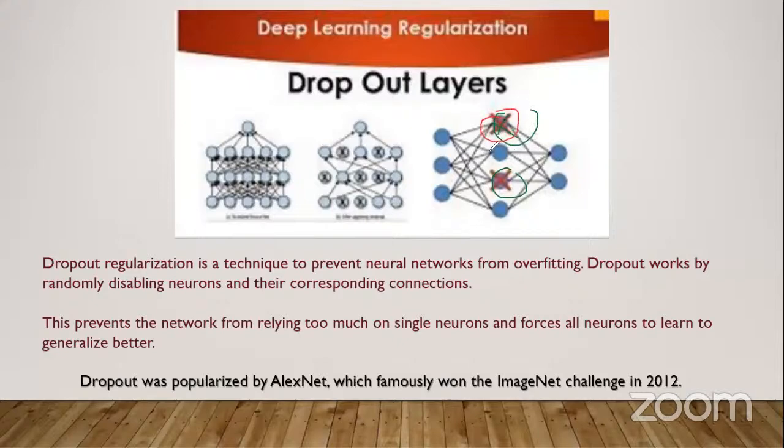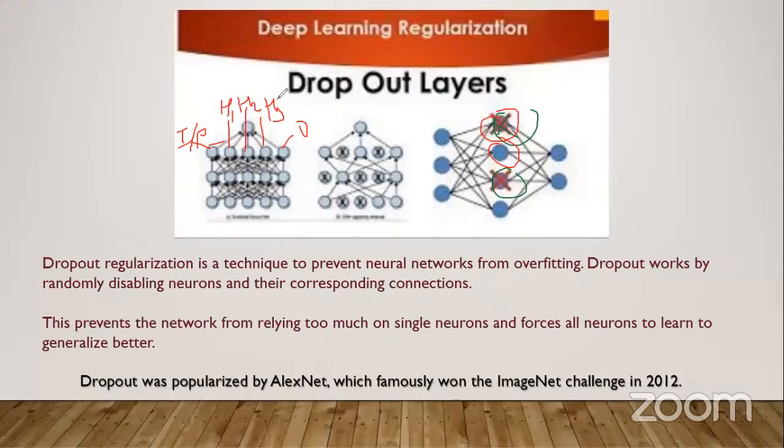Understand this one. If you look at this node, not all the nodes are taken into consideration where we are doing the training. Even though initially I created the neural network this way, where I have 3 hidden layers, hidden layer 1, hidden layer 2, and hidden layer 3, and this is my output layer, and this is my input layer.